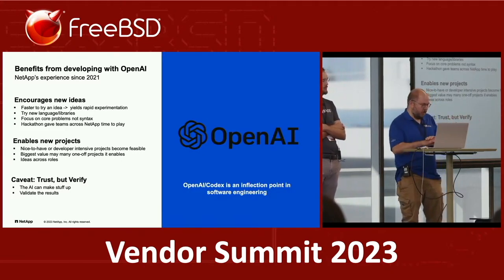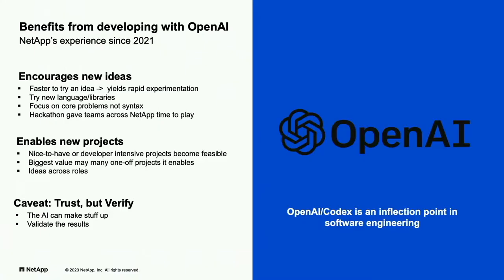These next three slides are about what we have learned, and what you could take with you and apply to FreeBSD development. The benefits come out in weird ways: because you make it easier to try new things, and lower the barrier to writing some idea or script, even a terrible POC, people are willing to try new and innovative things.